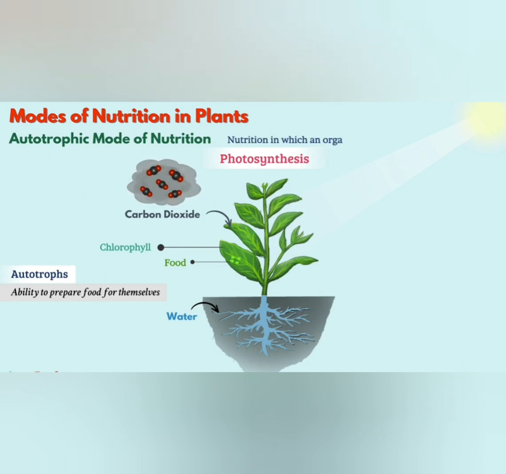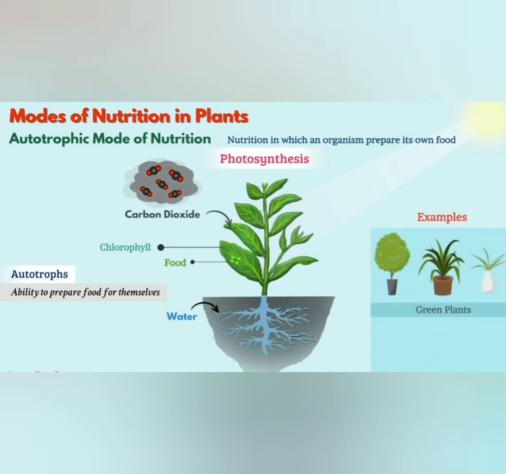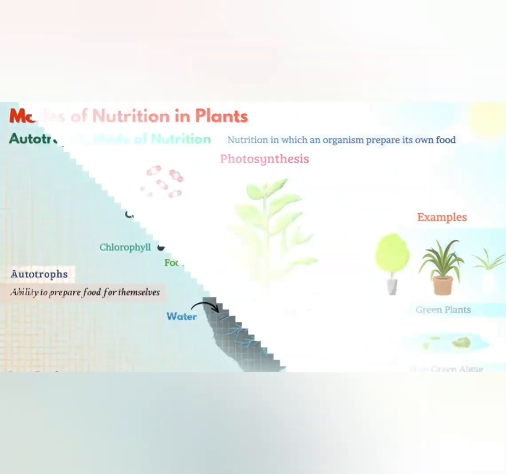So the nutrition in which an organism prepares its own food is known as autotrophic mode of nutrition. Now let's take the example: all the green plants and blue-green algae, because they have chlorophyll in them. That is why they show autotrophic mode of nutrition.